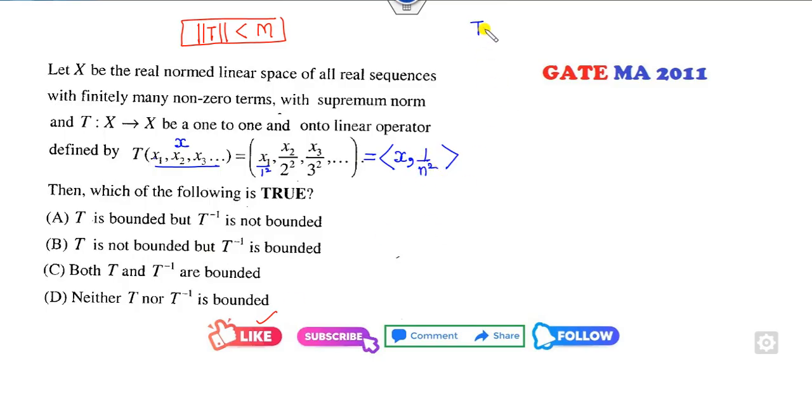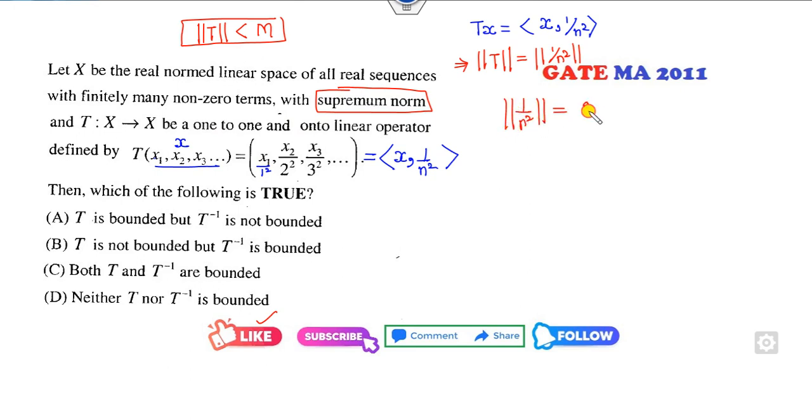So I can define Tx as x comma 1 over n square. So what does it mean? Norm of T should be norm of 1 over n square. So what is the domain? What is the norm? Supremum norm, fine. So can you find the answer of this? It is the supremum of 1 over n square, and n is a natural number.